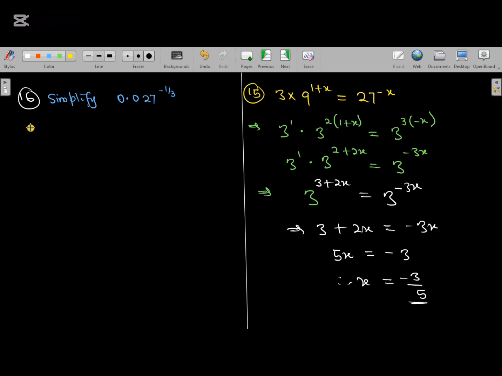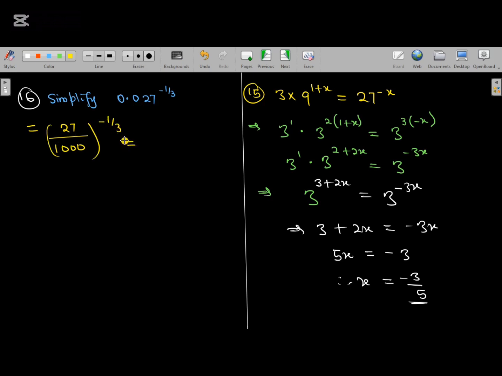So how do you do that? It is also very simple. Whenever a decimal is given, always try to change it to a fraction. So of course, to change 0.027 to a fraction, all you need to do is to write your 27 and then all over 1. Then you count the number of digits after the decimal point and you represent it with zeros. Since we have 3 digits here, we represent it with 0, and that will be 1000. So everything now is raised to the power of minus 1 over 3.